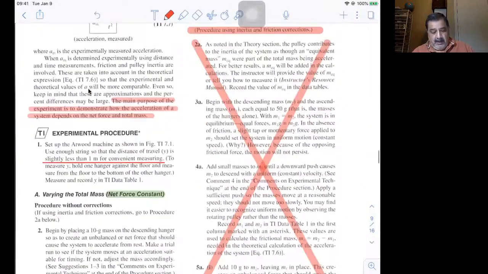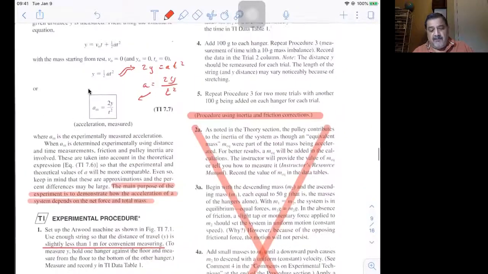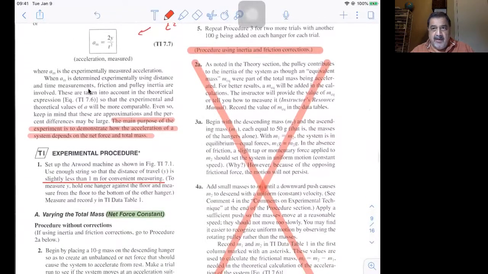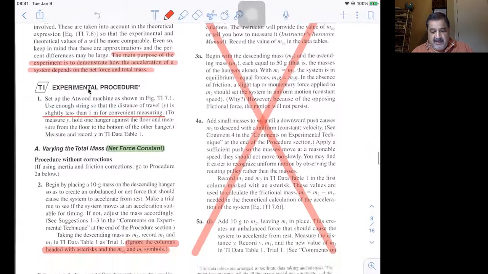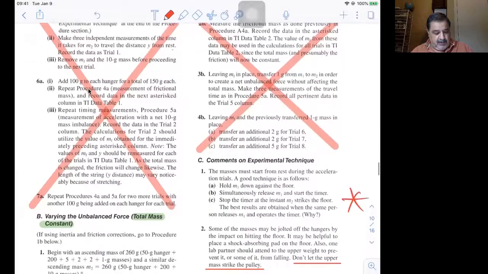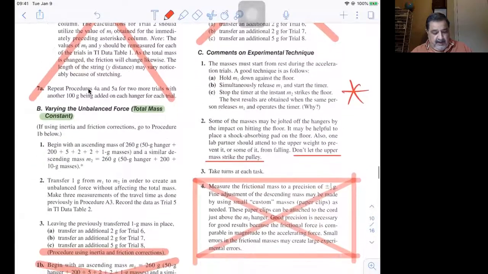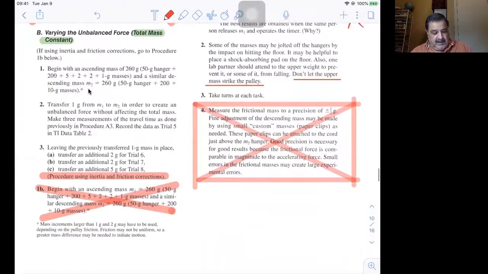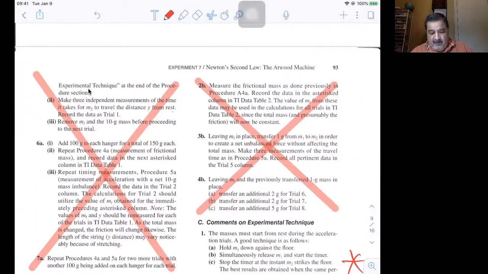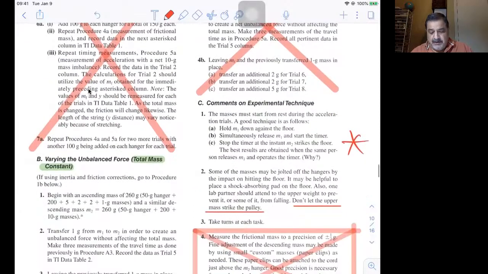As we go along, I've blocked out anything that has an A or a B, like 2A or 2B. If it has an A or a B, you can ignore those. We're not doing those portions of the experiment. You can see the 1B and the 2B, 3B, and 4B, I've scratched those out.